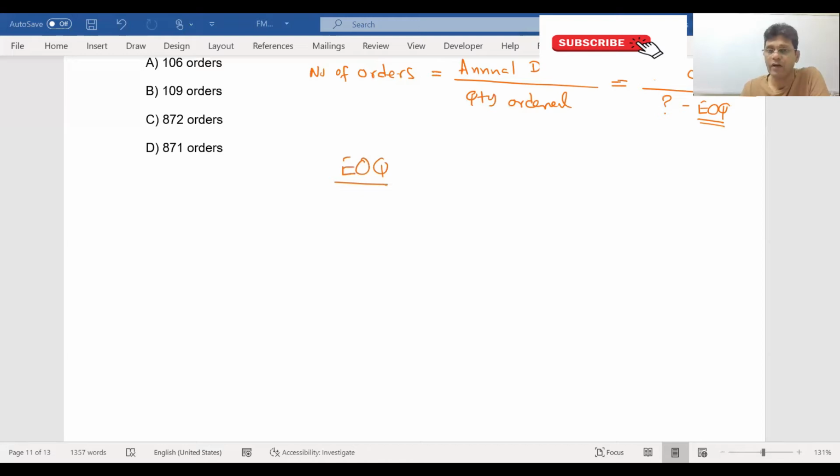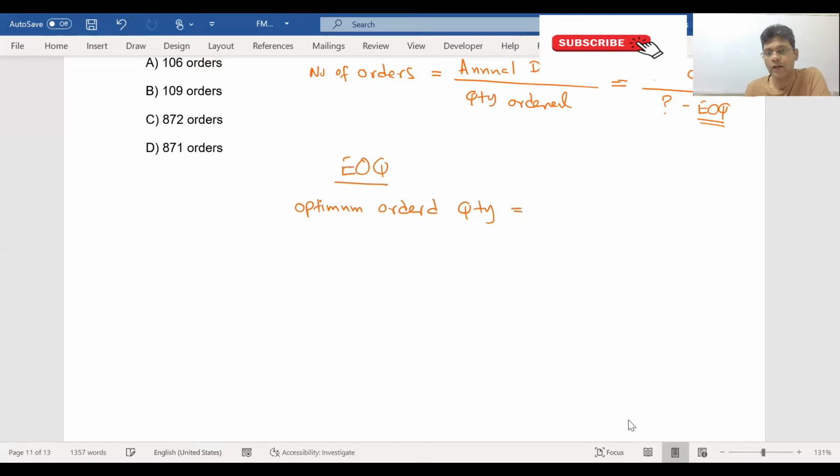So that the total annual cost will be minimized. Okay, so what is the optimum order quantity to be ordered?